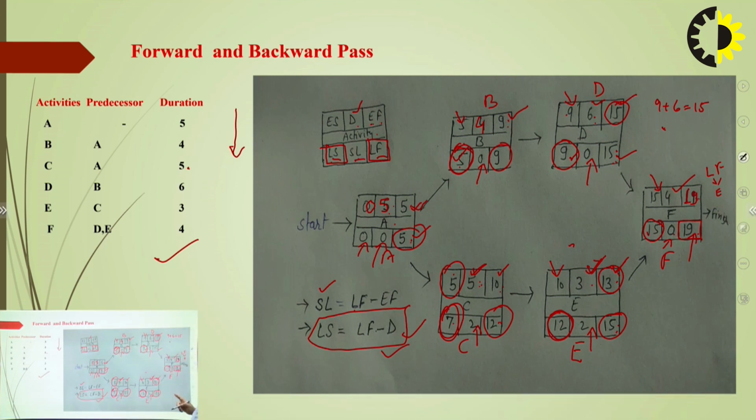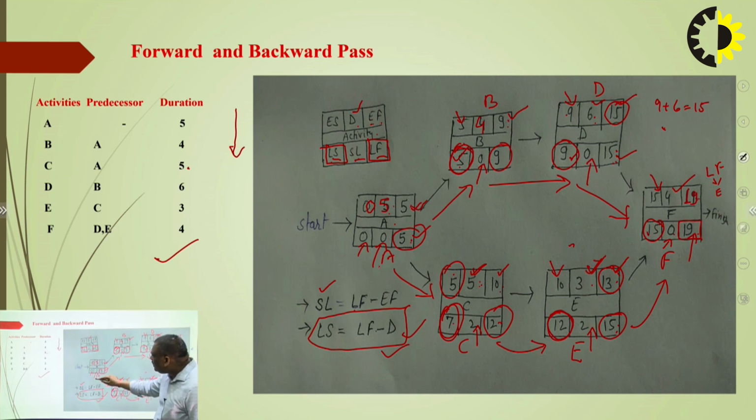Then we analyze that we can finalize the project in two ways: A, B, D and F, or A to C, then C to E and E to F. There are two paths. So a manager chooses the correct path, the one whose schedule is minimum.